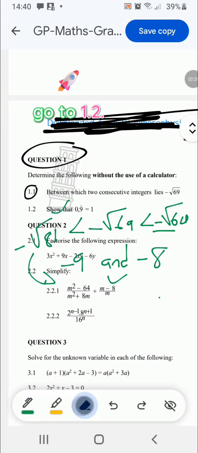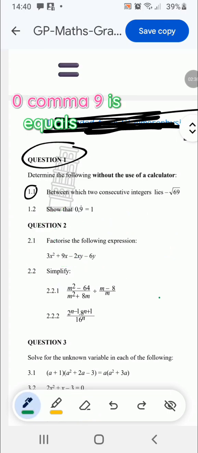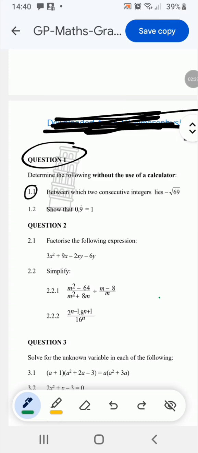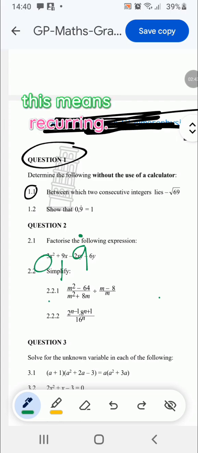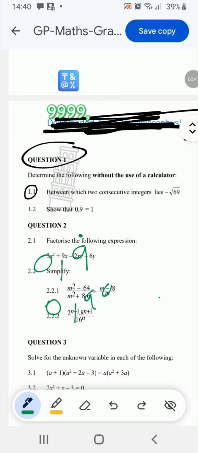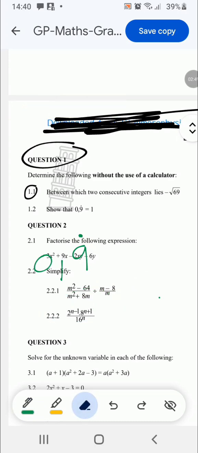Let's go to 1.2. Show that 0,9 recurring is equal to 1. Every time you get 0,9 and a dot, this means recurring. It means it's supposed to be 0,999 and so on, but we're not going to write that.